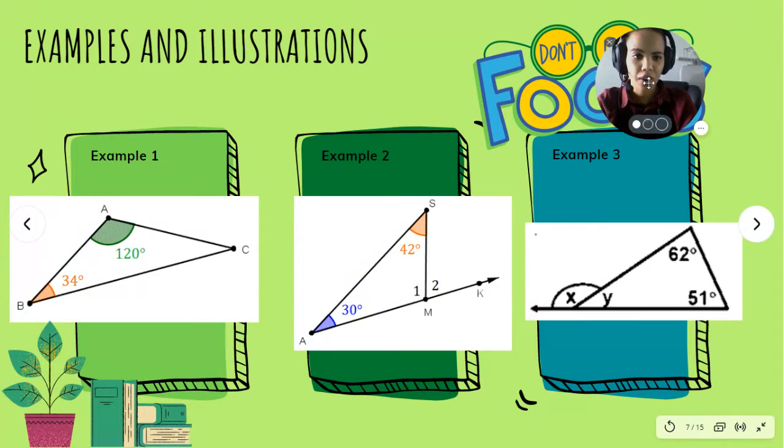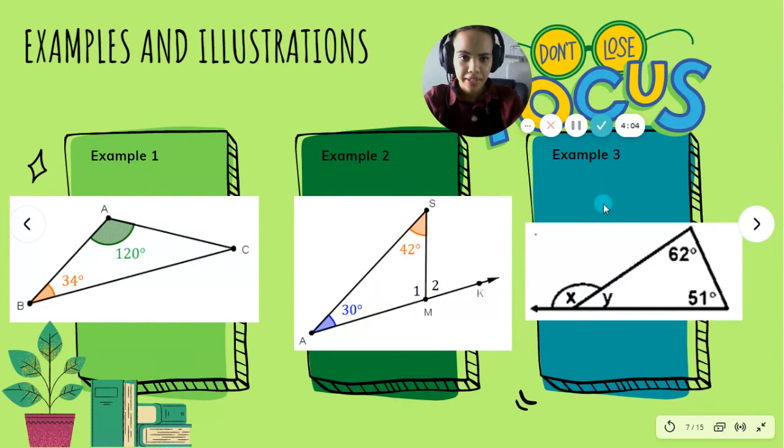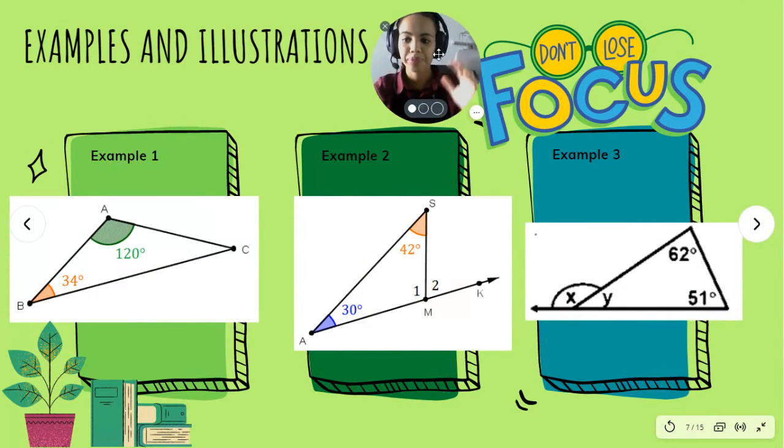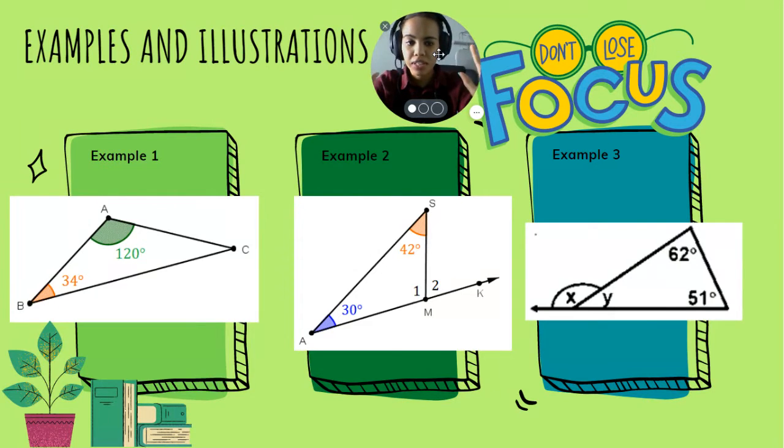Okay, let's go through some examples. We're doing so well for time today. Okay, so example number 1, please pause. Pause the video, look at these questions, try to do them on your own. So example number 1, see if you can find angle ACB.